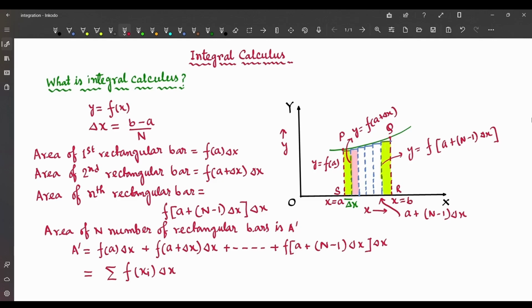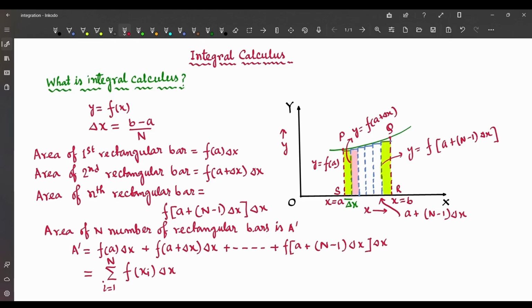But the area of all the bars is not exactly equal to the area under PQRS. Actually, we have not considered the small triangular parts just above each bar. To neglect those triangles, we have to consider del x tends to 0.